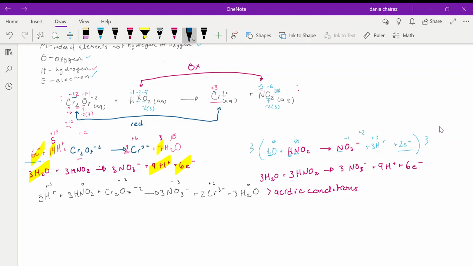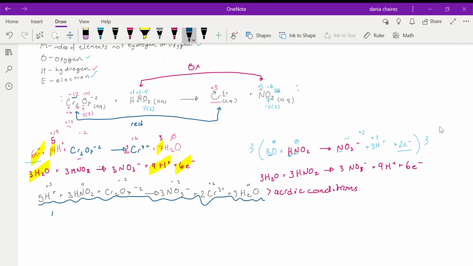In basic conditions, you follow all the steps that we did for acidic conditions, which was: separate them into your two halves, balance the moles of things that aren't hydrogen or oxygen, balance the oxygens by adding water, balance hydrogens by adding H ions, balance electrons, and then combine everything so that you're left with your one final long equation. And this would be the end in acidic conditions.